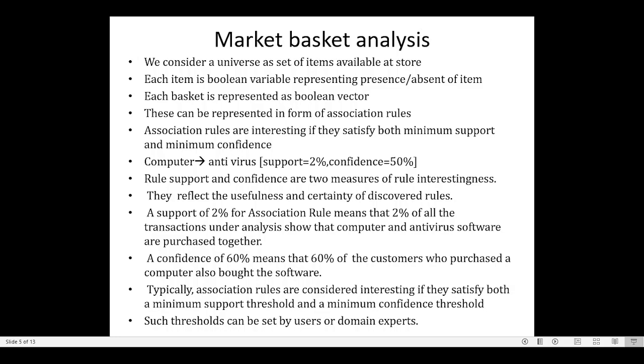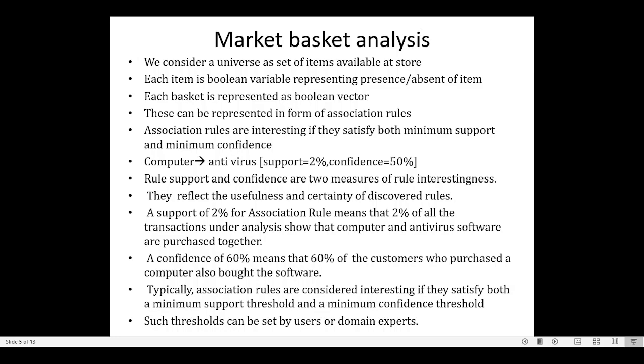In market basket analysis, we consider a universe as the set of items available at a store. Each item is a Boolean variable representing the presence or absence of the item. Each basket is represented as a Boolean vector, and this can be represented in the form of association rules.